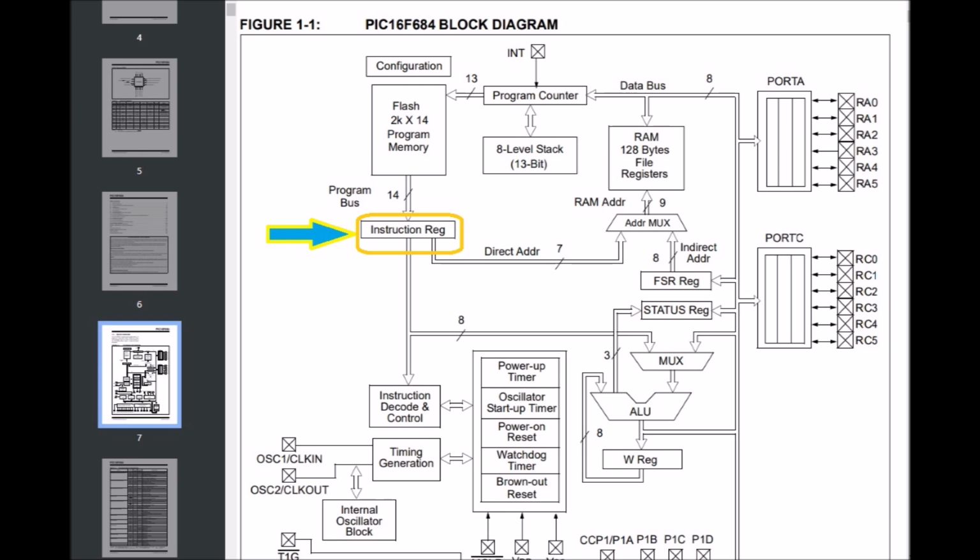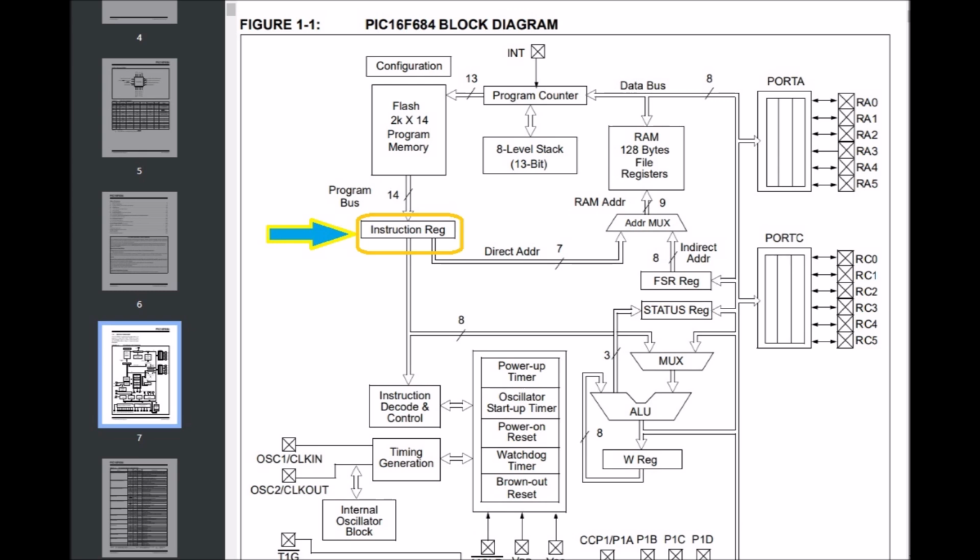The next role is holding. Once the instruction is fetched, it is stored in the instruction register. This temporary holding allows the CPU to decode and execute the instruction while the next instruction is being fetched from the program memory.